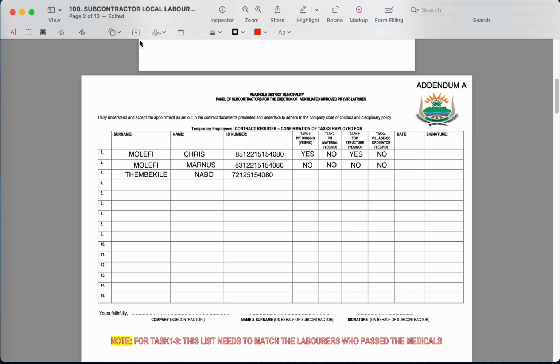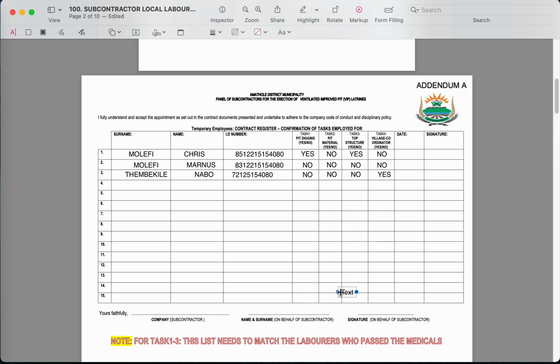Let's say Mr. Nabu is our so-called village coordinator, meaning we're going to write no for every task this side besides the village coordinator task. So this side we will tick yes, because he is our village coordinator.